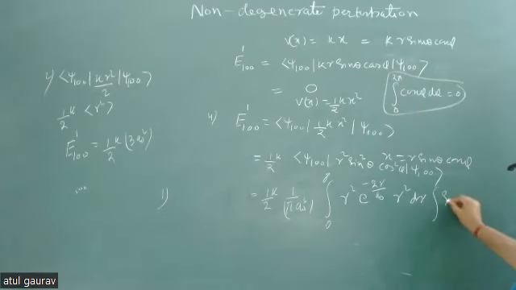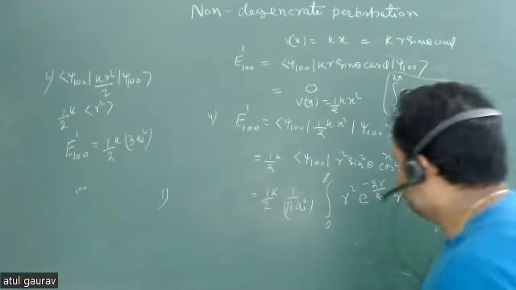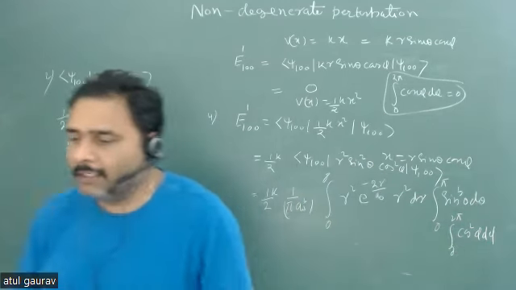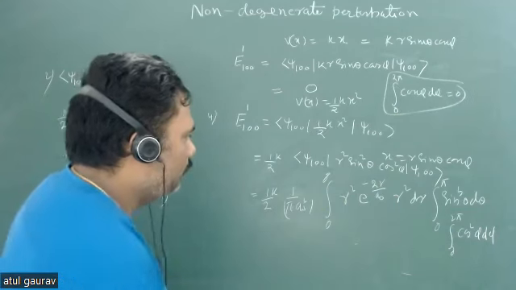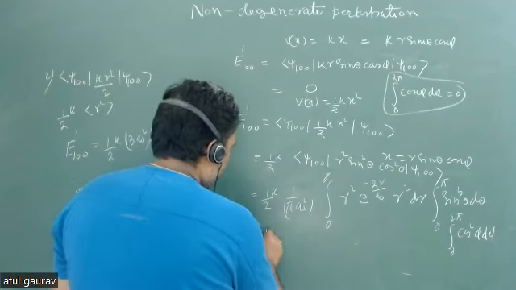Next integration is sine cube theta d theta 0 to pi, and next integration is 0 to 2 pi cos square phi d phi. So when you calculate it, you can find the value is nothing but A naught square. You can easily calculate it.